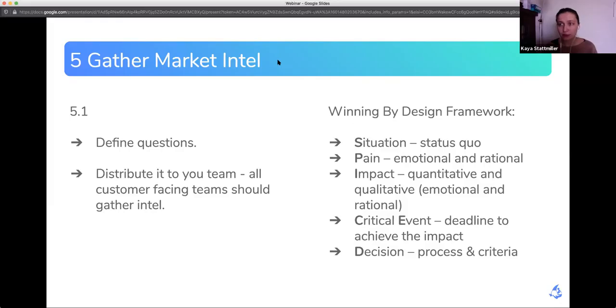You probably know this framework, but it has two extra letters, C, E, and D. This framework tells you to build questions about the situation, so the status quo, questions about the pain, again emotional or rational, questions about the impact, and the critical event: what's the deadline? Because this is a very important piece in any sales process. Know the critical event, because that's what moves your deal forward.